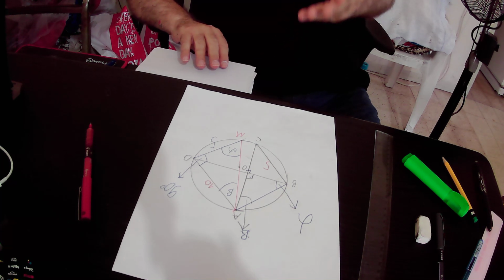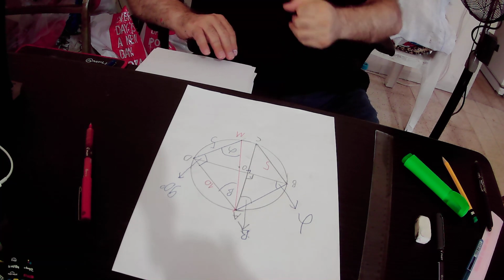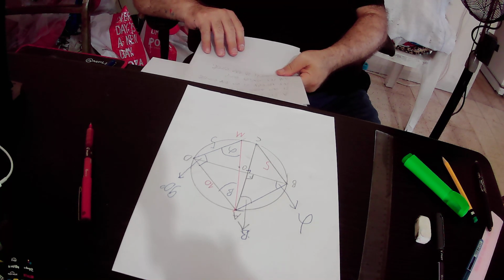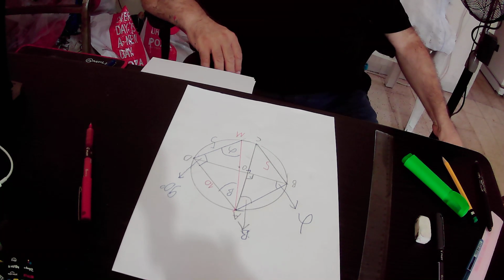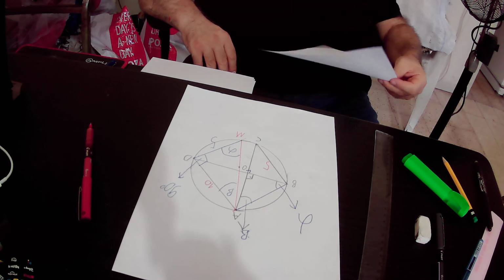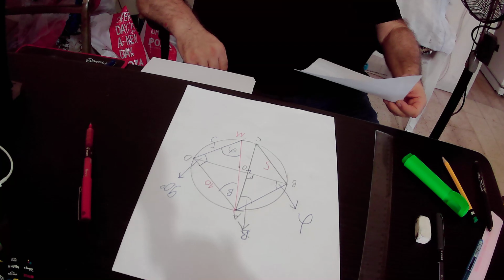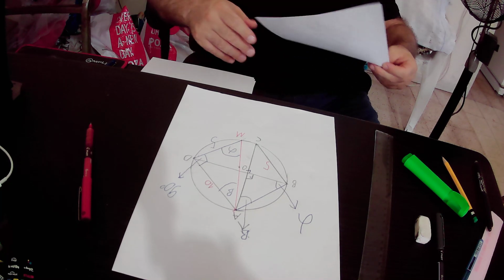Actually, we wanted to find out the radius of this circle. First of all, we defined the term peripheral angle.